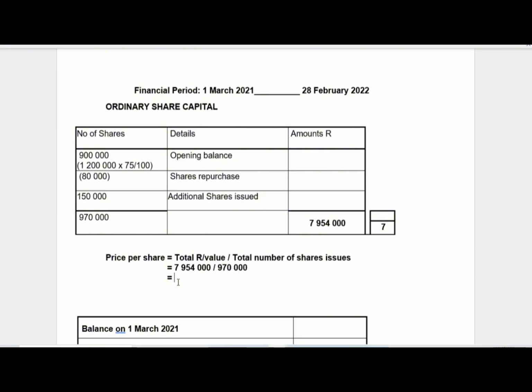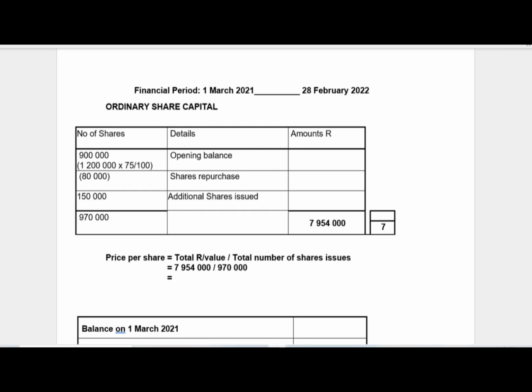I'm getting R8.20. I'm getting 8.2, and then I'm just gonna double check that amount.